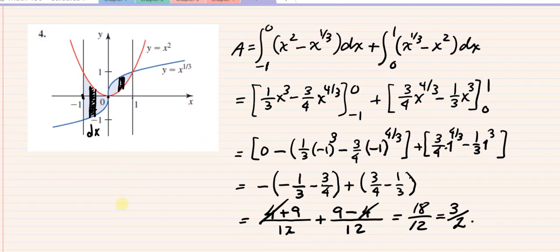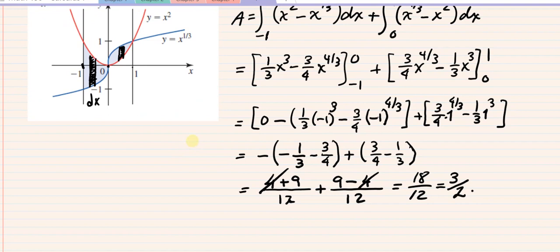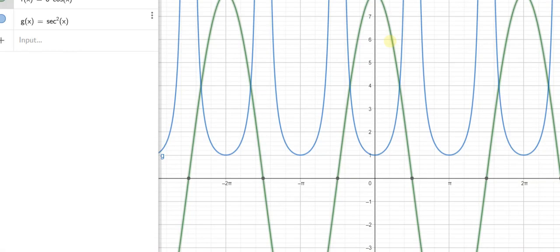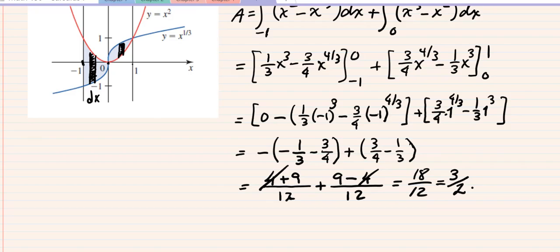Now, if you want to do horizontal, we could, right? We could do that, but this is going to be more work. For one thing, for horizontal rectangles, let me just draw this thing. Hold on. And let's see. Let me paste my graph there.